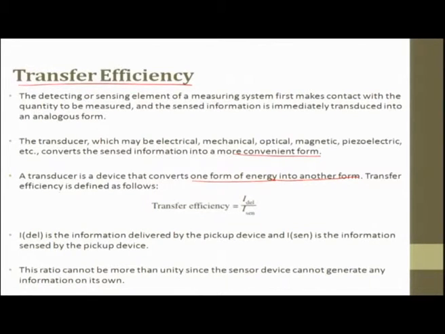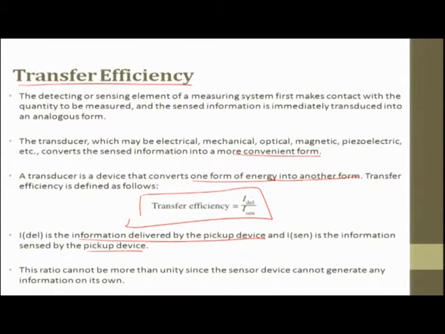The transfer efficiency is defined as, this is very important, I del by I sen. I del is the information delivered by the pickup device and I sen is the information sensed by the pickup device.